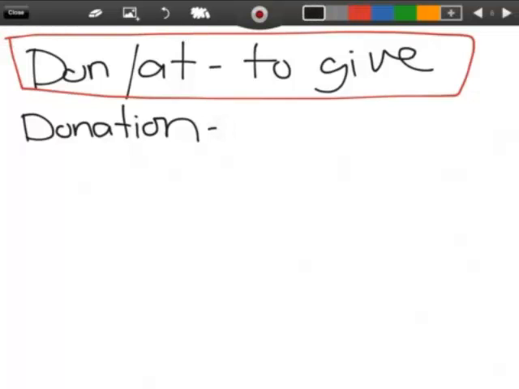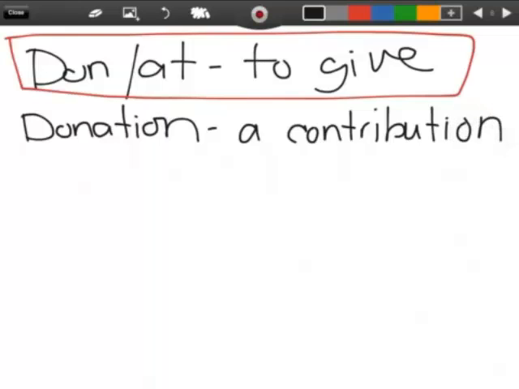Donation, and the meaning is a contribution or gift. My second example is going to be donor.